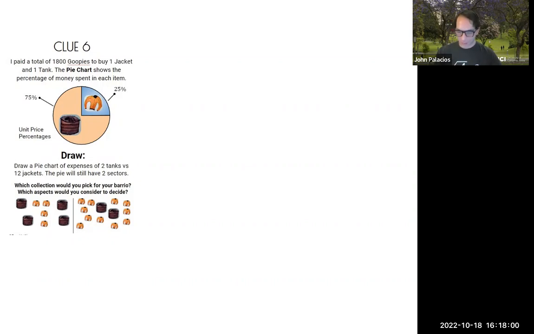We can see from the pie chart that a tank costs 3 times as much as a jacket. So 3 jackets cost the same as 1 water tank. In particular, we can use this to say a number of things. How do I know it's 3 times, or that 3 jackets cost the same as a water tank?